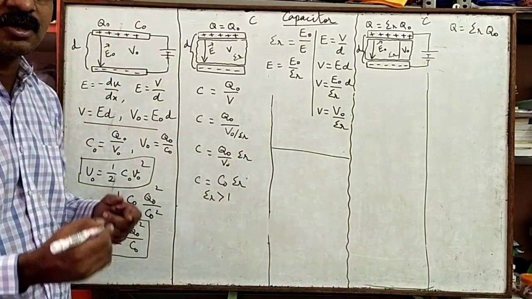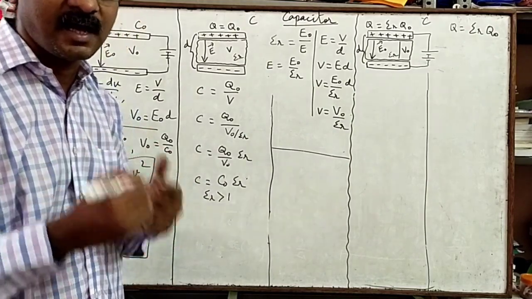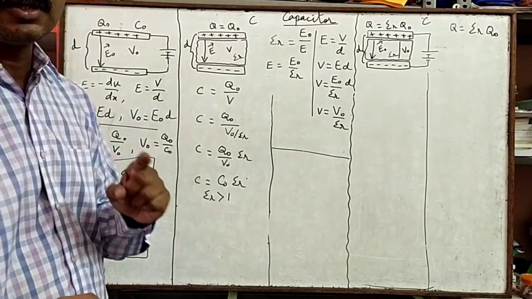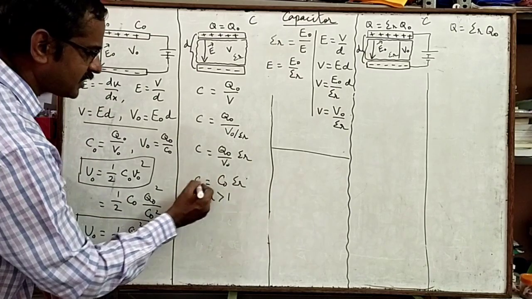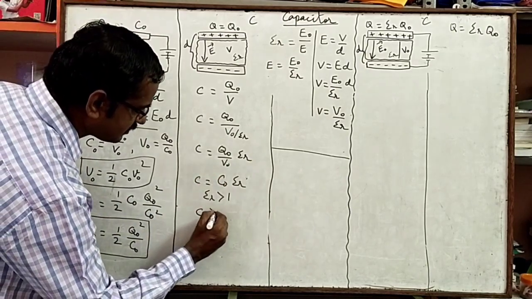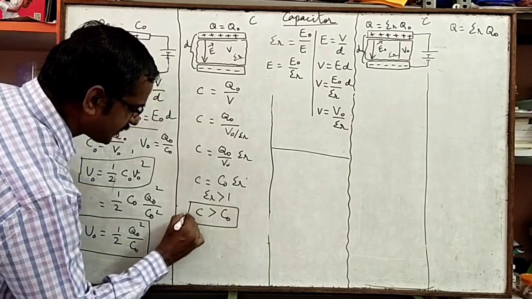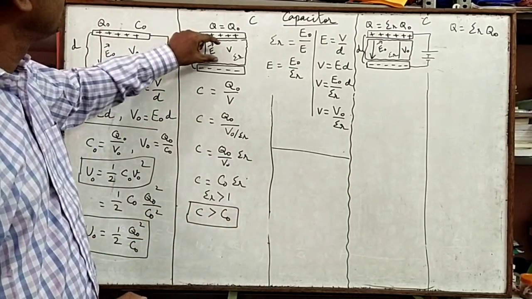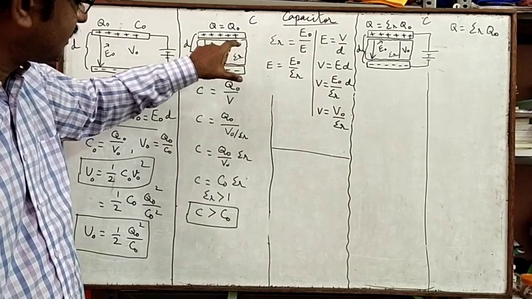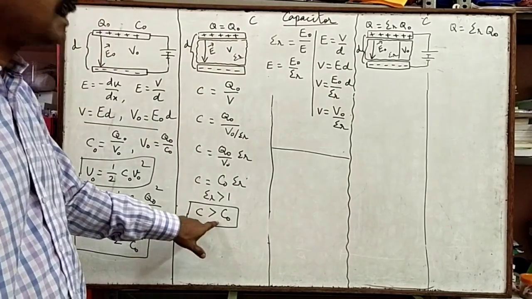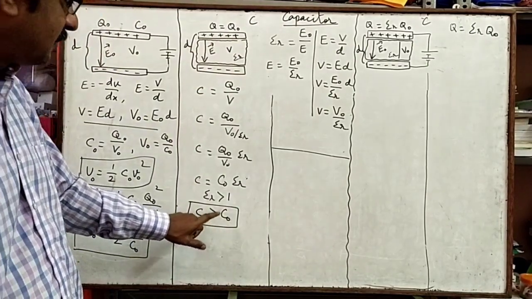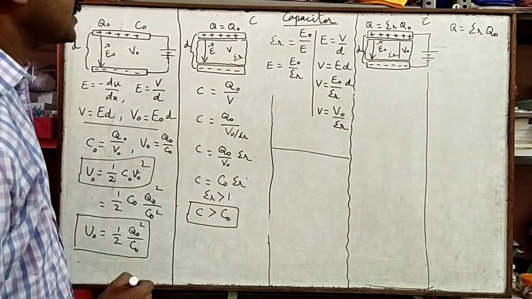Relative permittivity is always greater than 1. Only for air, epsilon R value will be equal to 1. So from this we understand that C must be greater than C naught. So what we infer from this equation is that when dielectric is introduced between the plates of a parallel plate capacitor, capacitance of the capacitor increases.